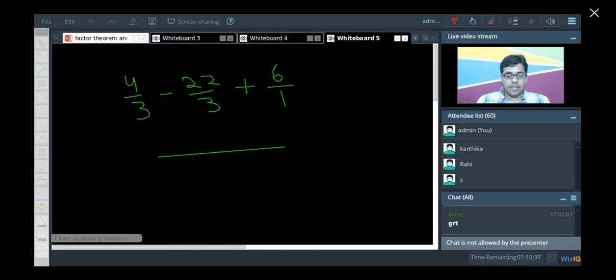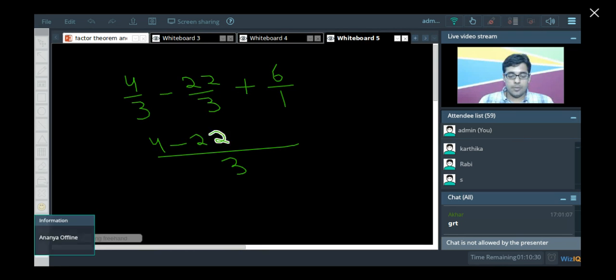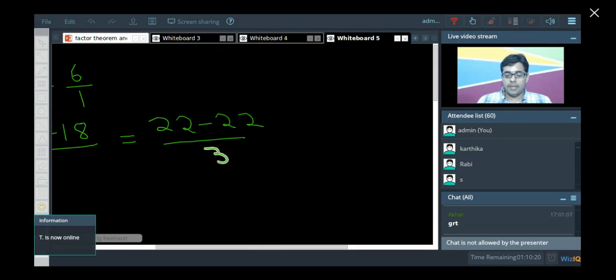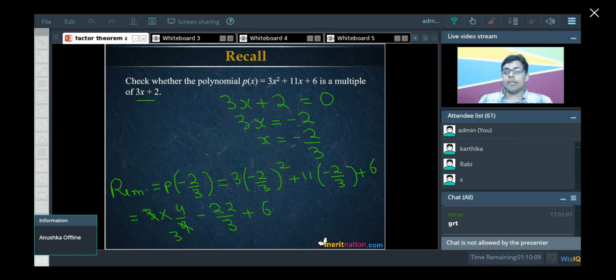Now the LCM of 1, 3 and 3 is 3. In the numerator it will be 4 minus 22 plus 18. The numerator becomes 18 plus 4, that is 22, minus 22, so it is 0 by 3, that is 0. So the remainder is becoming 0.